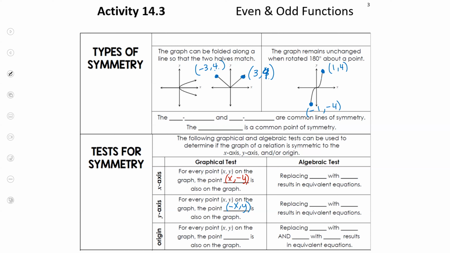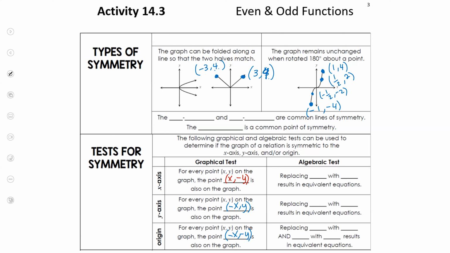Say this point right here is a half and a 2, perhaps. That means this one would be -1/2 and -2. So when it is symmetrical across the origin, when the origin is the symmetrical point, that means you'll also have (-x, -y) on the graph as well.